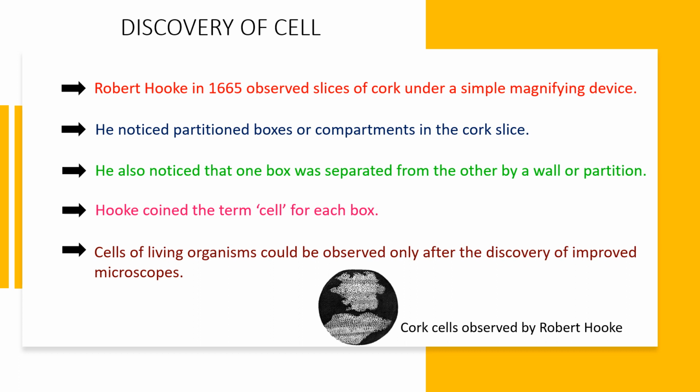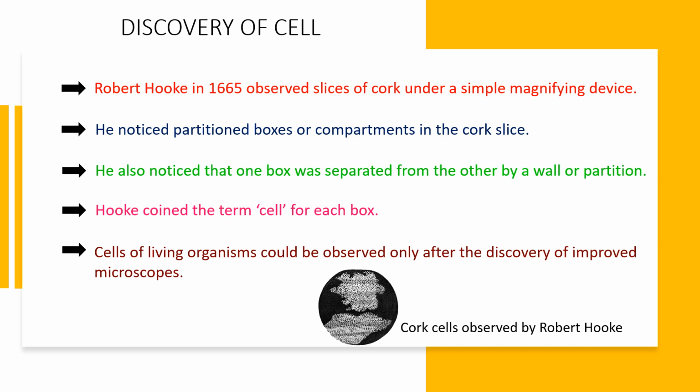He was an Englishman and he was born in the year 1635, and he was examining a slice of cork. Cork means a part of bark of a tree. He took that and kept it under the microscope and he was just observing it.